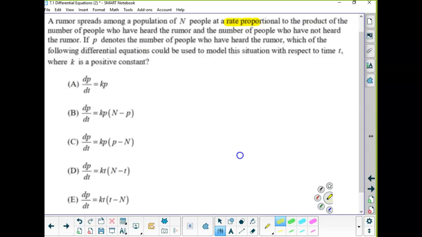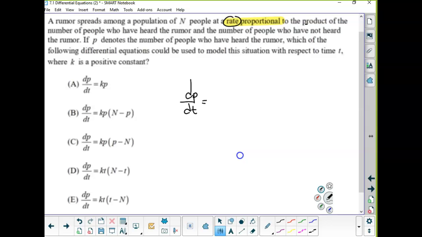And it's a rate proportional. So there's that proportional, so I'm thinking direct proportion. So now, notice it says the rate. So I'm thinking d, and if you look at your answer choices, it is definitely dP/dt.